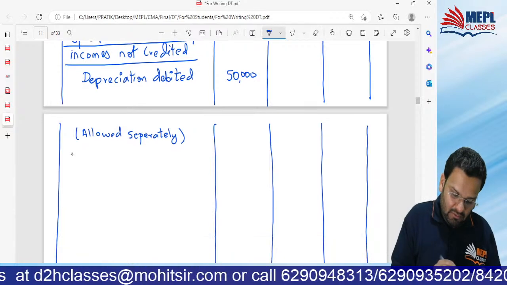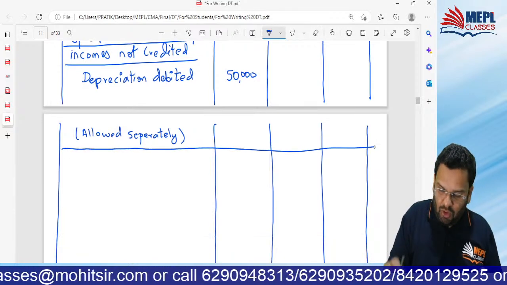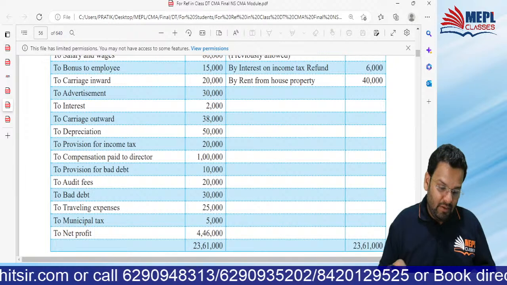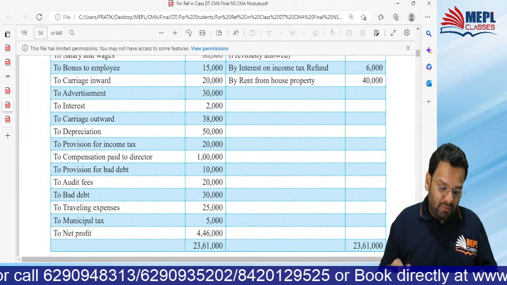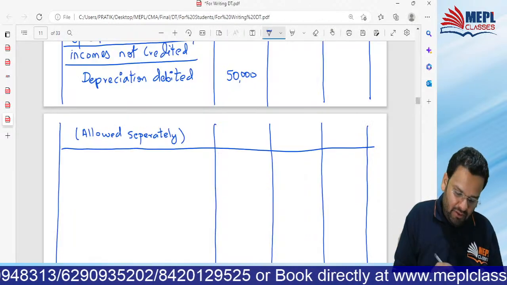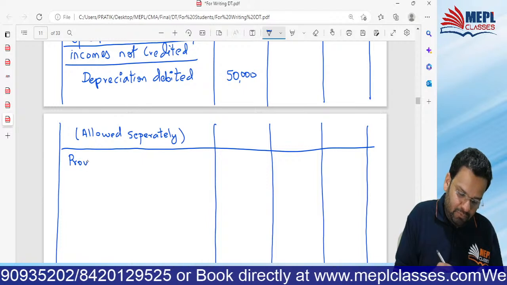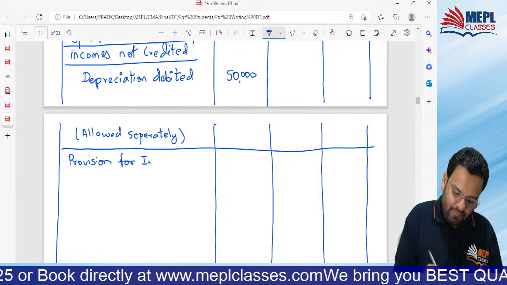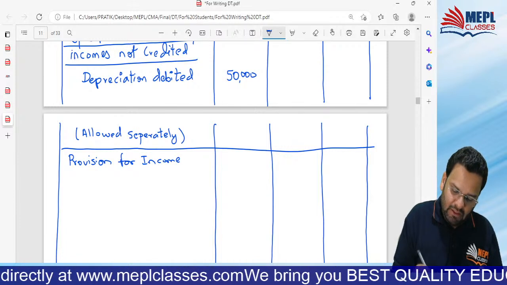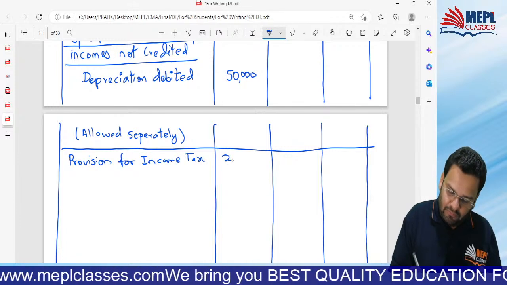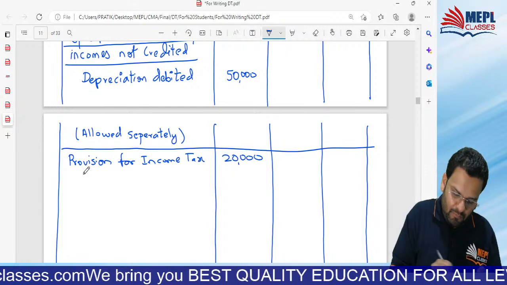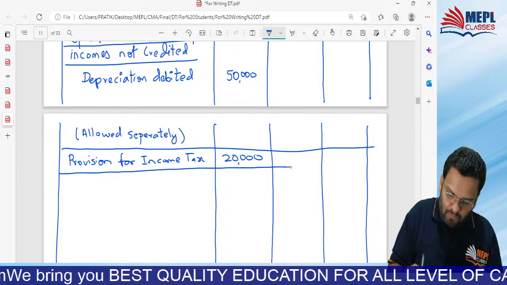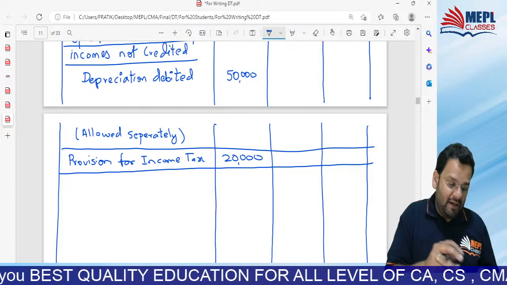After that, check what do you have. Provision for income tax. Please add provision for income tax. It is 20,000. What else has to be added?